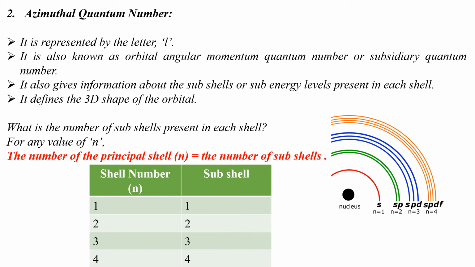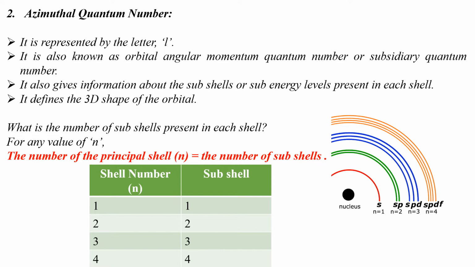So what is the number of subshells present in each shell? Now we will study the number of subshells. How will you know about the number of subshells present in each shell? The number of subshells in a principal shell is equal to the value of n.